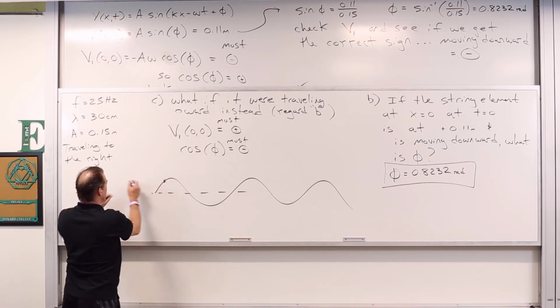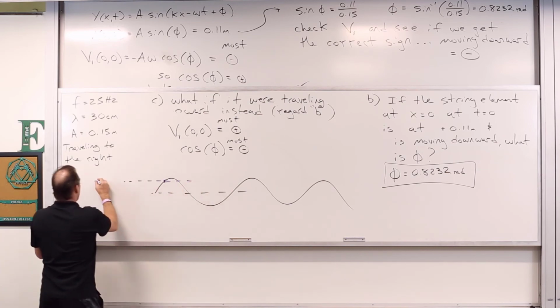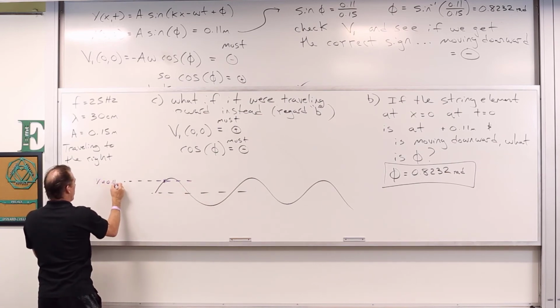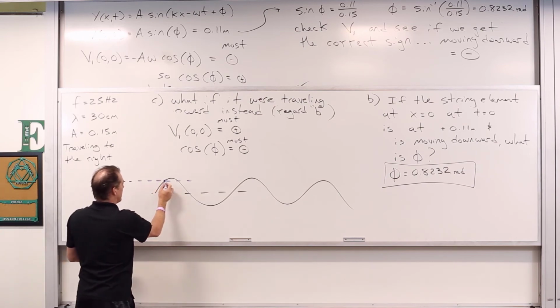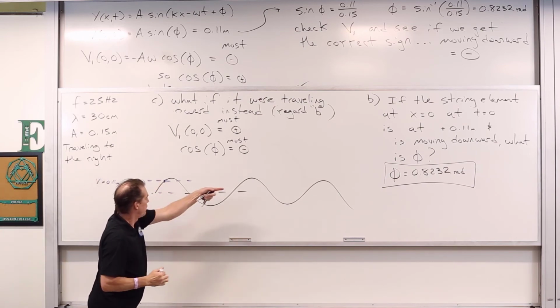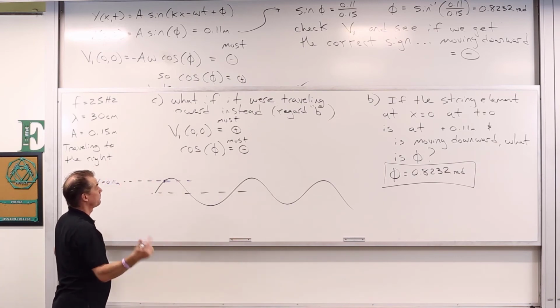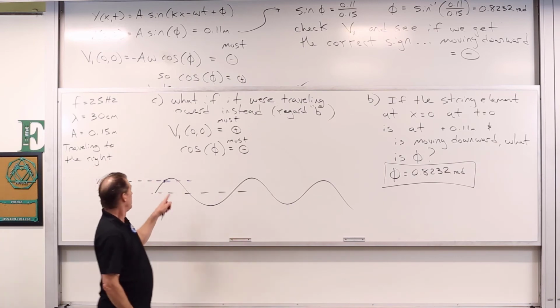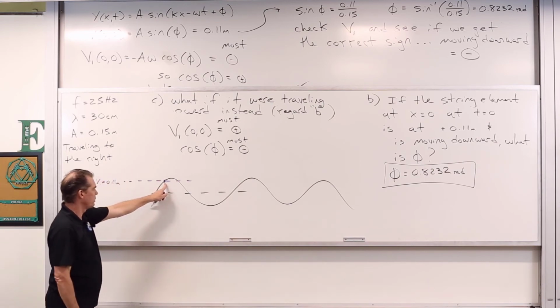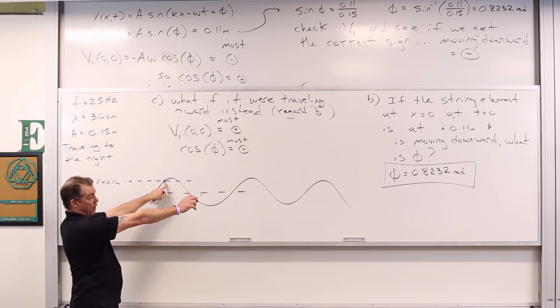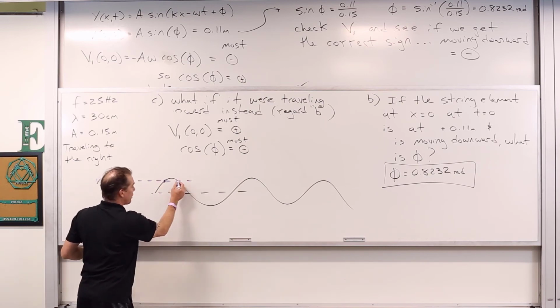We'll say that y is equal to 0.11 meters. There it is. As this wave moves that way, that would be going downward. So that matches part B, right? And it's good. So the phase constant, if x equals 0, t equals 0 is that spot in the wave cycle, then there is the phase constant. But there's this other position right here.